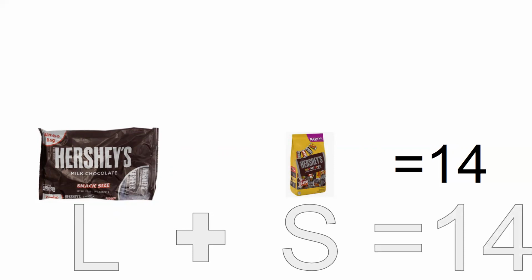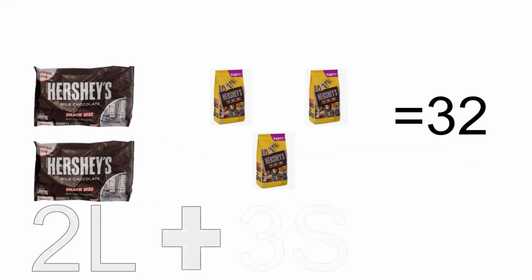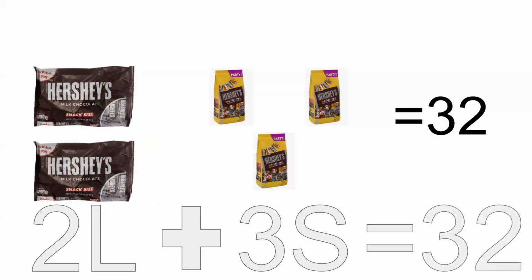Well, let's look at the next situation, which is we know two larges and three smalls equal 32. Well, how would you write that? Well, now we have 2L, 2 times L, plus 3 times S, 3 smalls. And if you add those together, you would get 32. So there's another equation, 2L plus 3S equals 32.